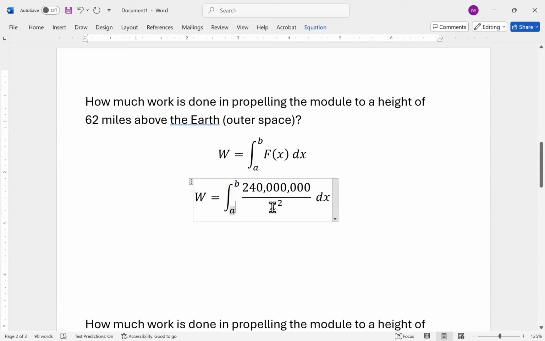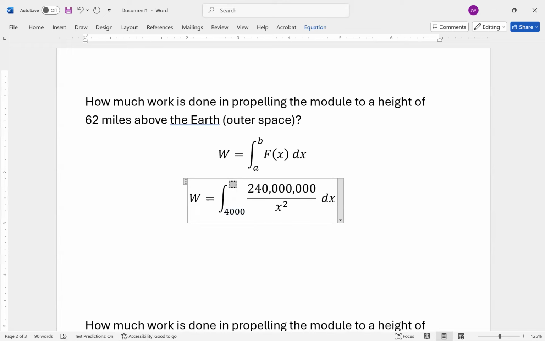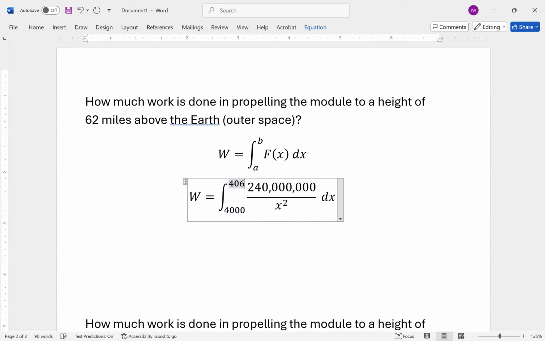Remember, the x was the amount from the center. So we're still starting at 4,000 miles away from the center. And we would propel it to a distance of 4,062 miles above the center. So above the outer crust of the Earth is 4,062 miles above the center of the Earth.